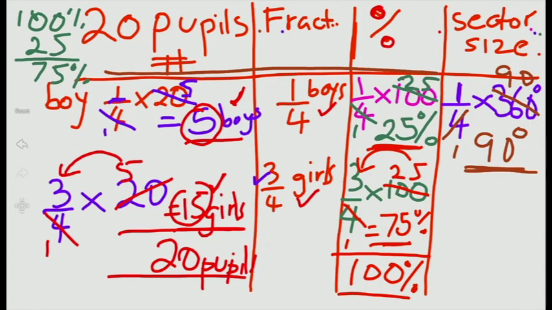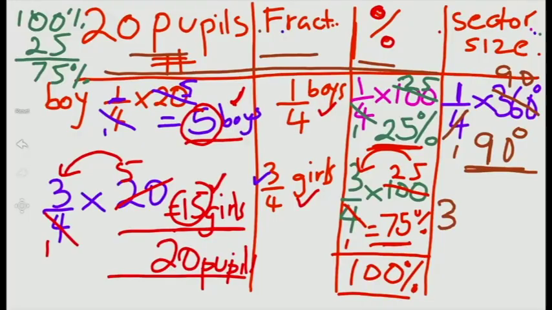Don't just concentrate on one column, because these columns, the number of pupils in the classroom, the fraction, the percentage, and the sector size, work hand in hand. So after using the quarter and the total size of the revolution, we got that 90 degrees represents the sector size for the boys.